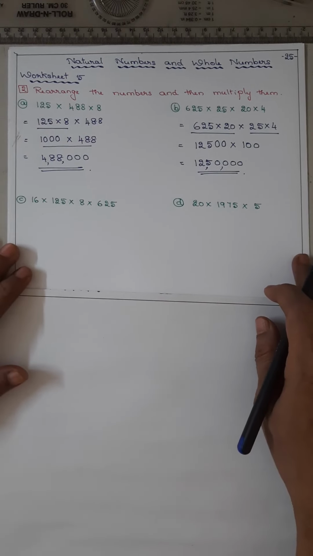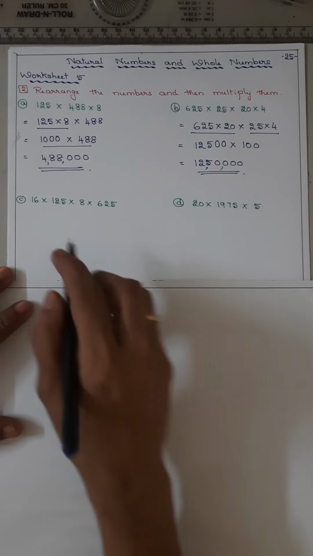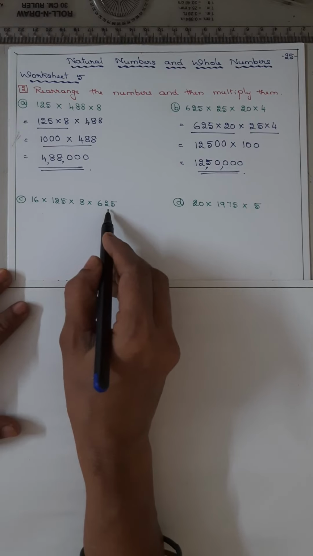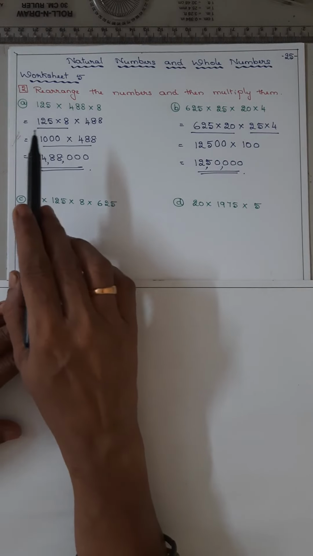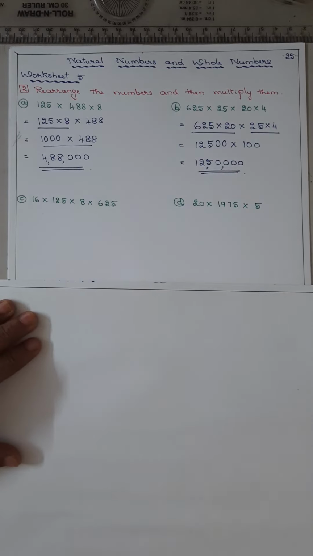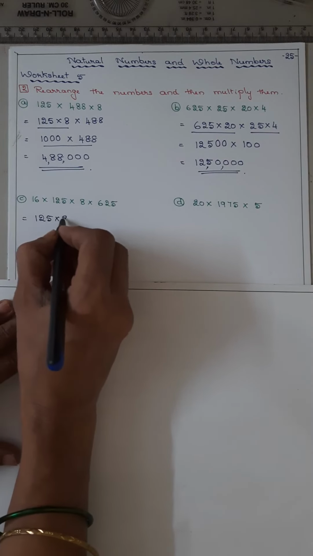Now coming to the question number C. It is 16 into 125 into 8 into 625. Okay, you already know 125 8s are 1000, isn't it? So write it first. 125 into 8.